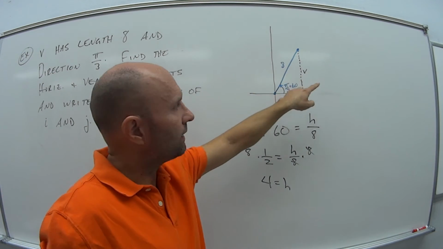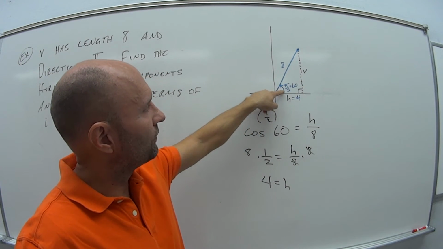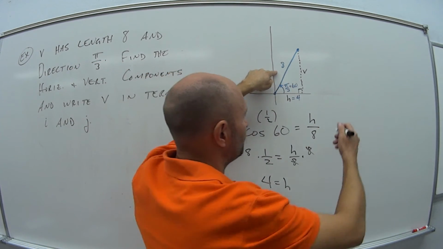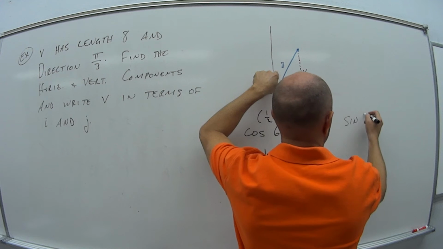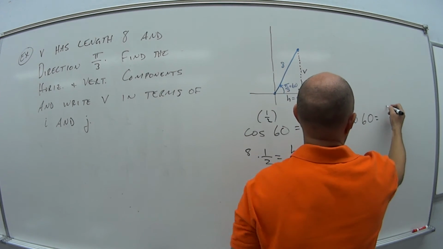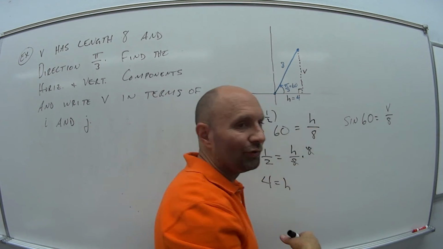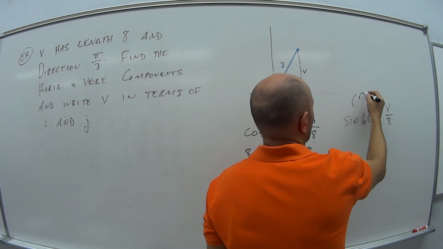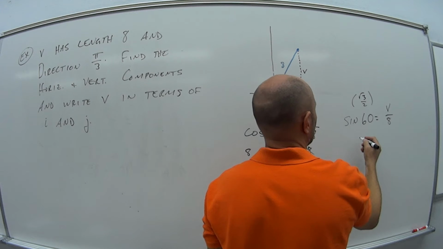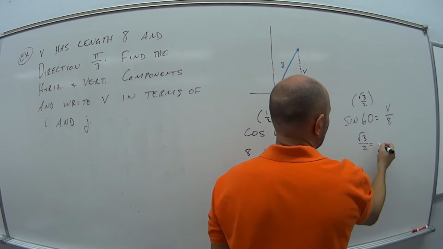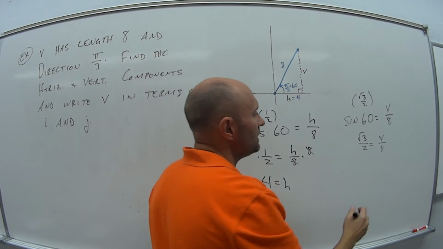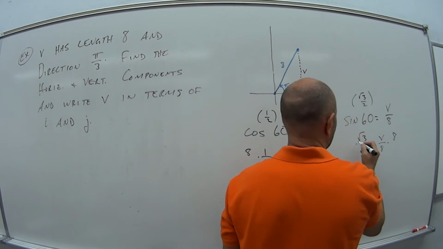Similarly, for the vertical, using the 60 degree angle inside the triangle, we have opposite and hypotenuse. So that would be sine of 60 is opposite v over hypotenuse 8. Sine of 60 is square root of 3 over 2. So we have square root of 3 over 2 is v over 8. To solve for v, we multiply both sides by 8 again.